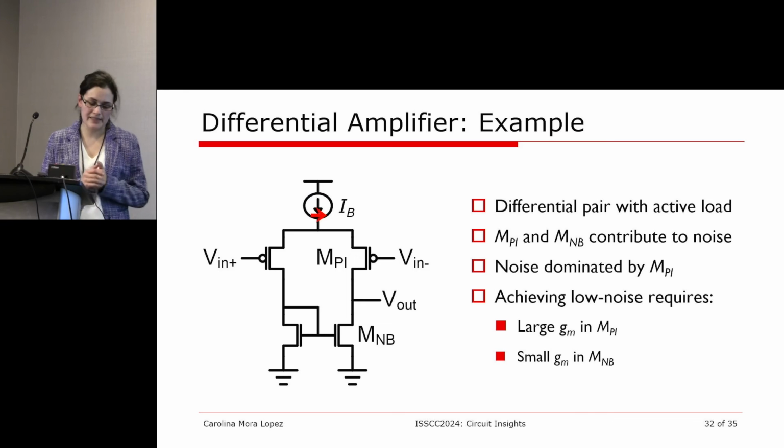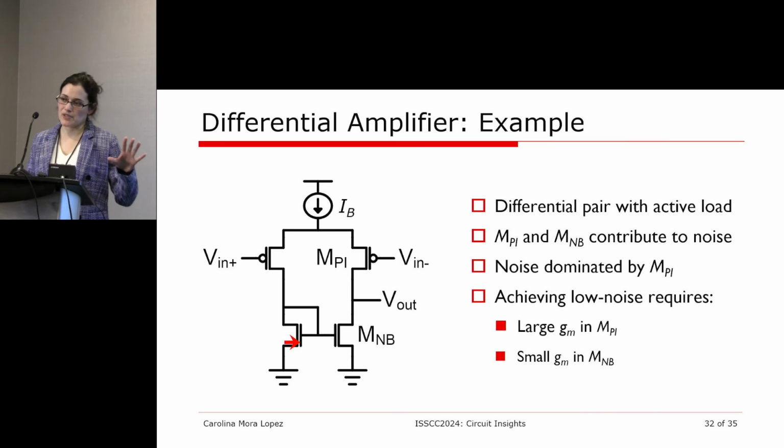You have a differential pair that is going to do your signal amplification, together with an active load. I have drawn here PMOS input transistors. You can do exactly the same with NMOS; if you invert this drawing, you will have the same configuration for NMOS input.